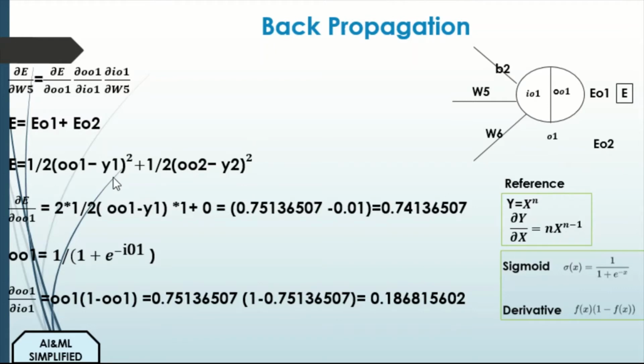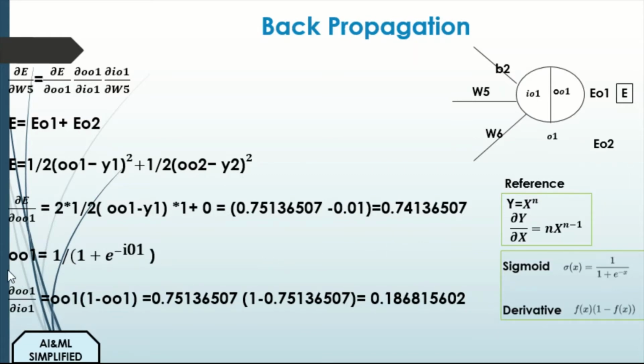In this case we have 2 as the power, so we simply get 2 into half into (O1 minus y1) as the derivative. For the second term, since there is no term for O1, all the rest of the terms are considered constant, so it will be 0. So the derivative of E with respect to O1 is simply 0.741.